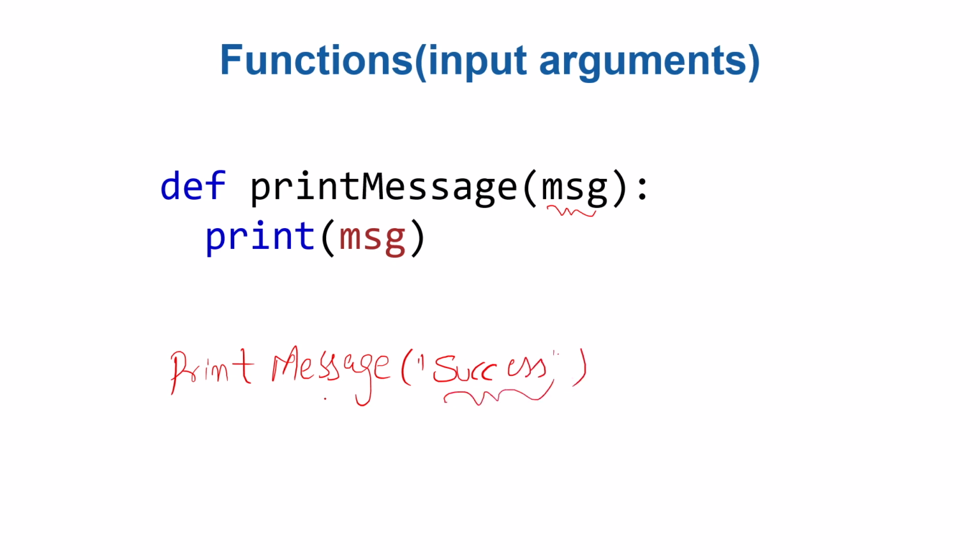Now success will be printed. Next time we call the function and give another argument, maybe a string, let's say 74 errors, that will be printed. I mean, anything that you supply will be printed.